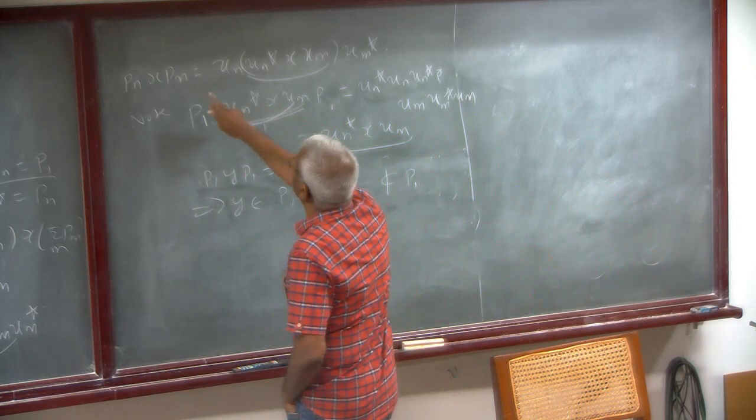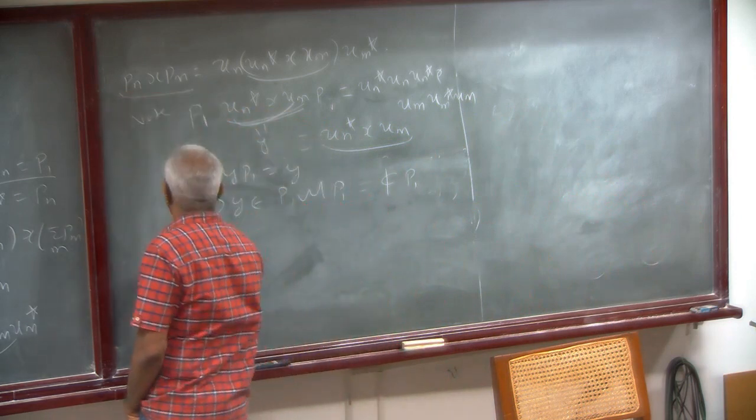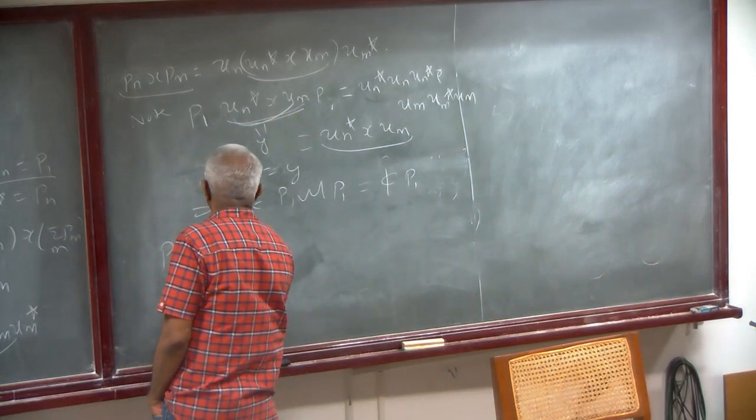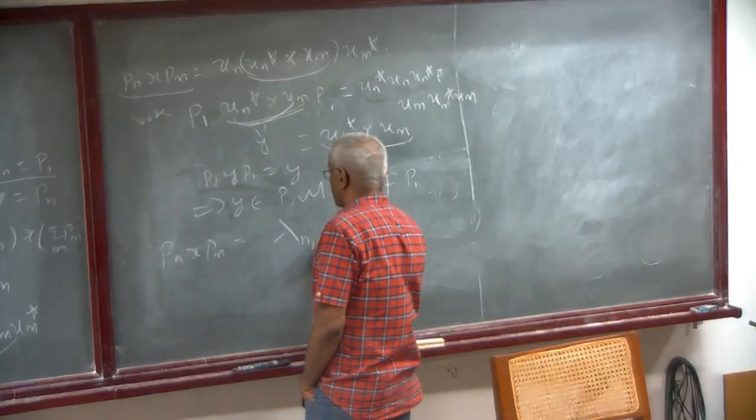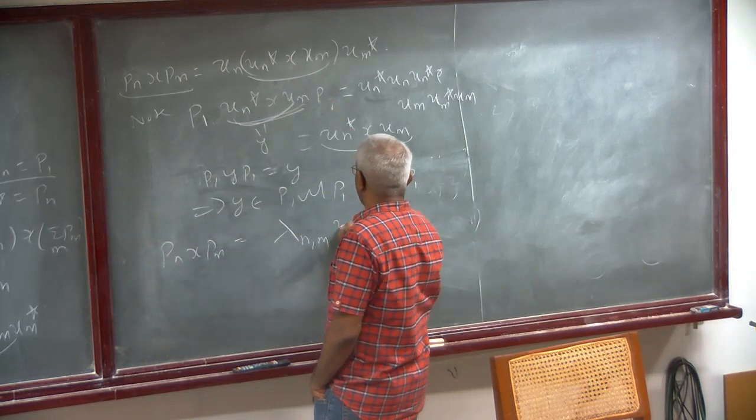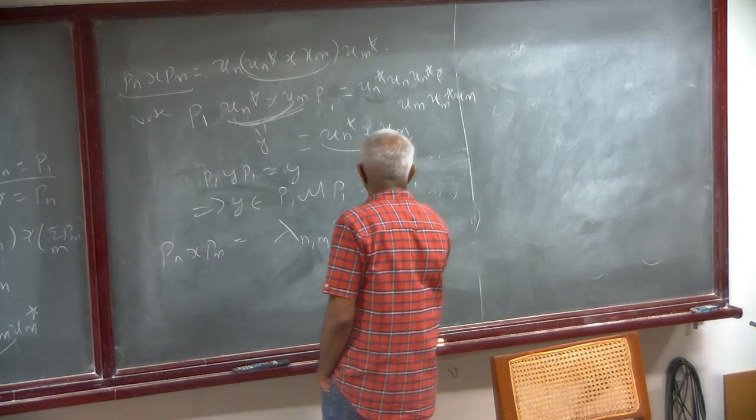So this implies whatever we have here, Pn X Pm equals some lambda nm, which depends on that, times Um star. That's all.